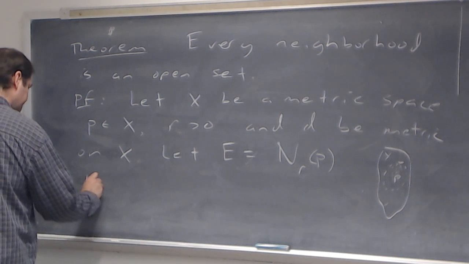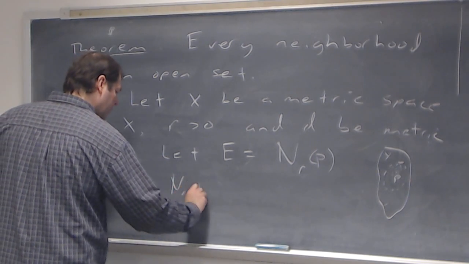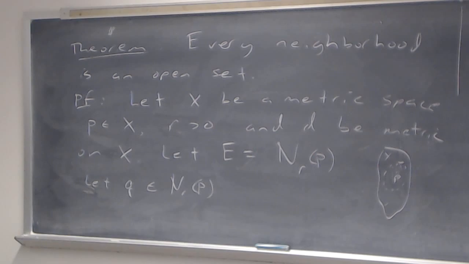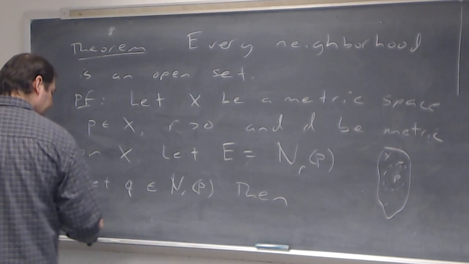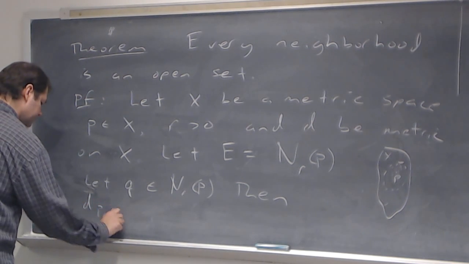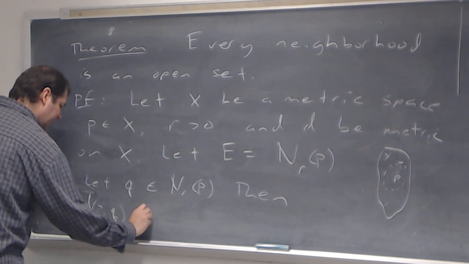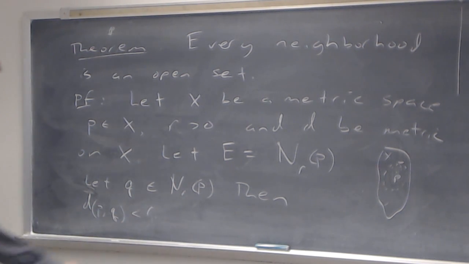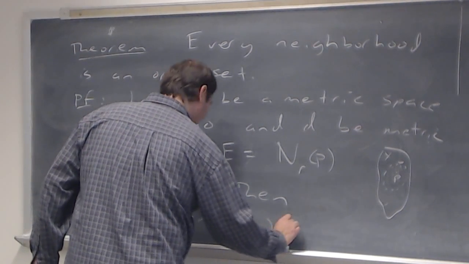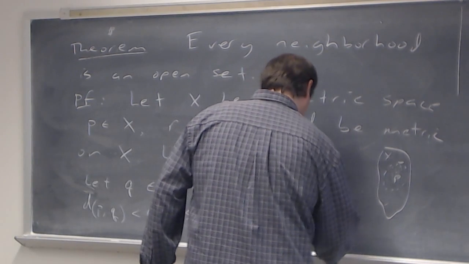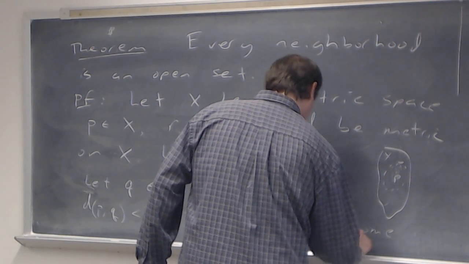So we're going to let Q be an element of N sub R of P. Then what we know, by the definition of what it means to be in this neighborhood, is that the distance from P to Q has got to be less than R. And so that means the distance from P to Q has to be equal to R minus H for some H that's greater than 0.